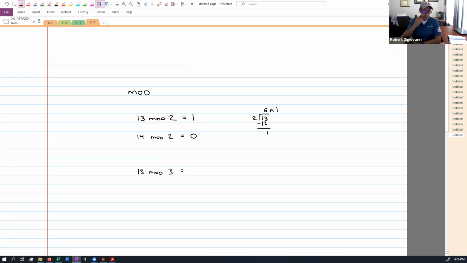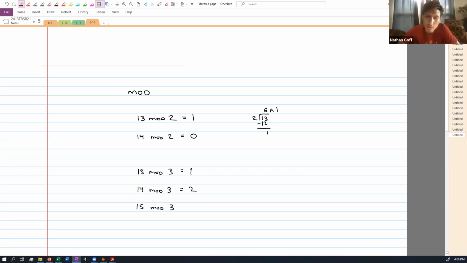So how many times does 3 go into 13 evenly? 4 times, but you would have how much left over? 1. What's 14 mod 3? So 3 goes into there also 4 times, right? But how much do you have left over this time? 2. What's 15 mod 3? 0.